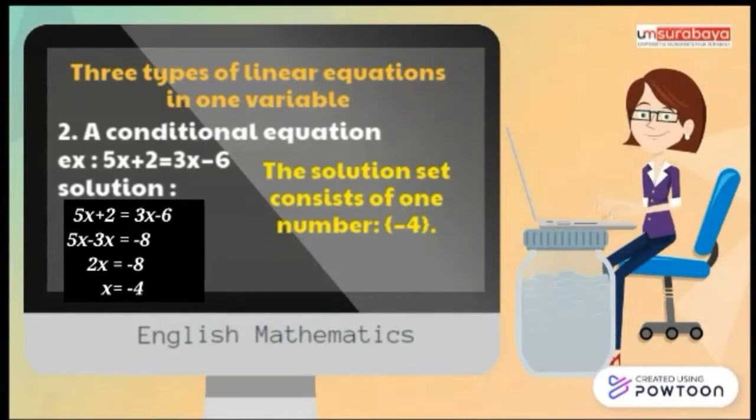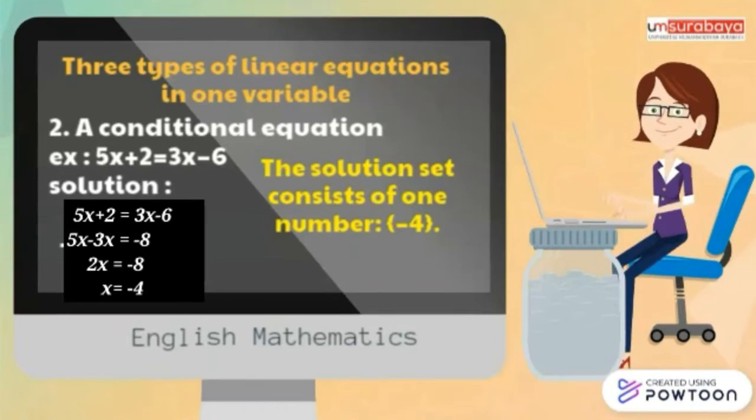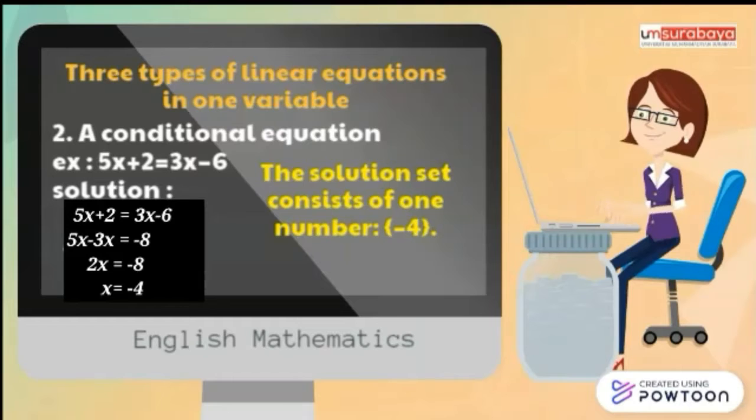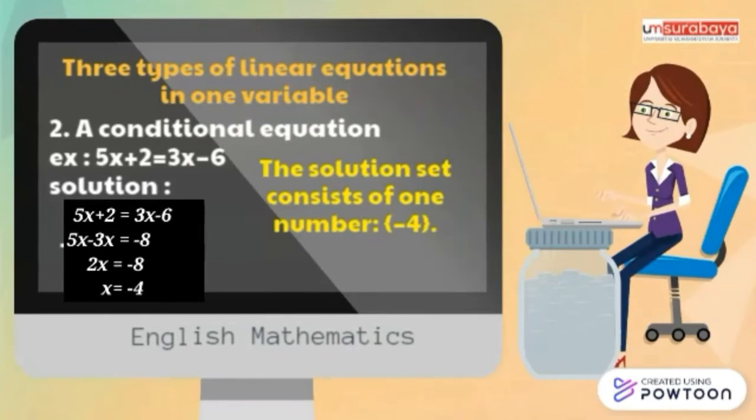Then 2x equals minus 8. Then x equals minus 4. The solution set consists of one number, minus 4. It is the only solution and therefore we have solved a conditional equation.